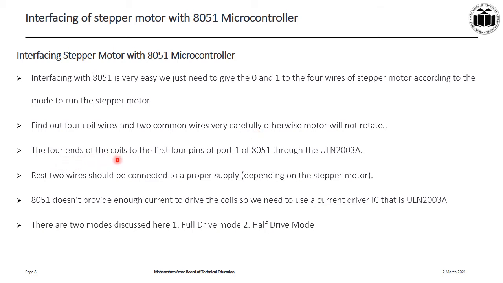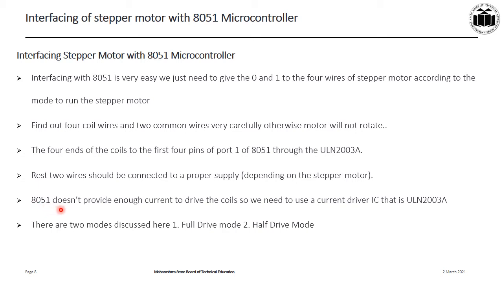The 4 ends of the coils are connected to the 4 pins of 8051 through ULN 2003 driver. Rest 2 wires should be connected to proper supply depending on the stepper motor. These are the 2 common end wires.